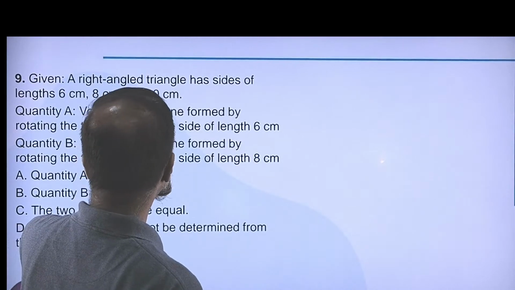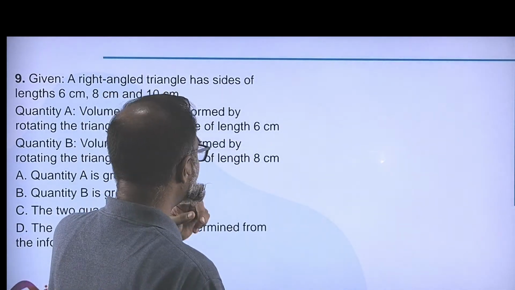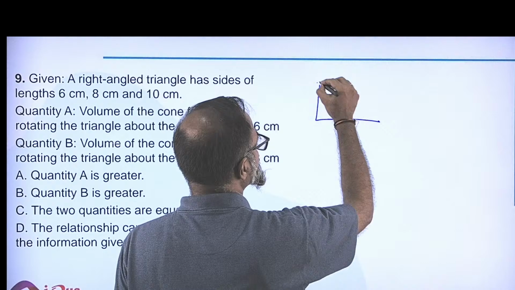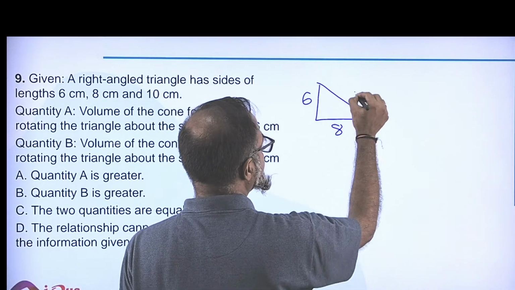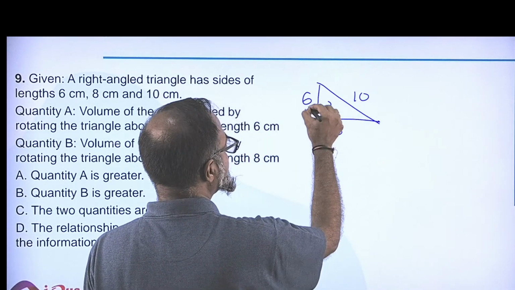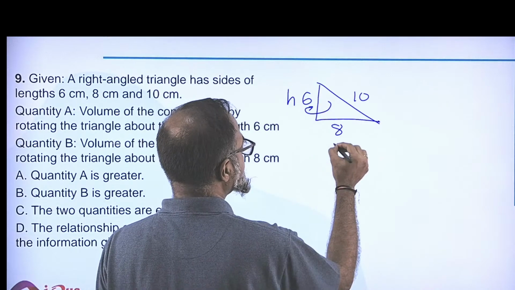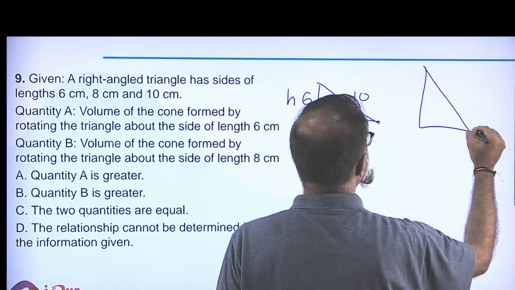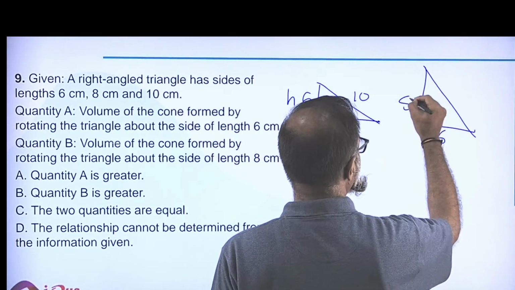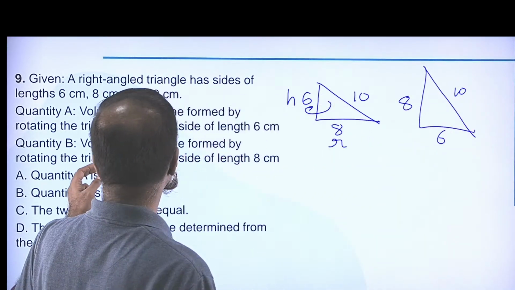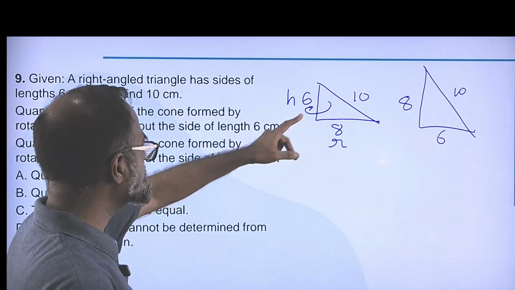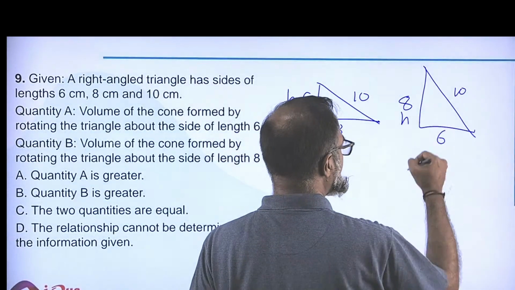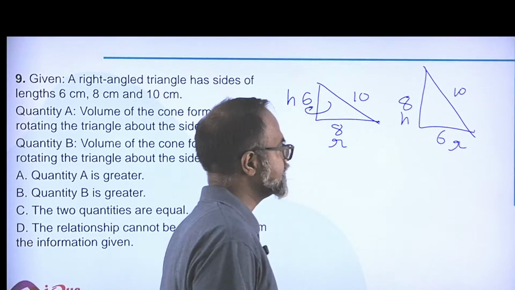Volume of the cone formed by rotating the triangle about the side of length 6. So if this is 6, this will be 8 and 10. So if I'm rotating it around 6, 6 is my height and 8 is the radius. And if, let us say this is 6, 8 and 10, and I'm rotating the triangle about the length 8, then 8 is my height and 6 is my radius.